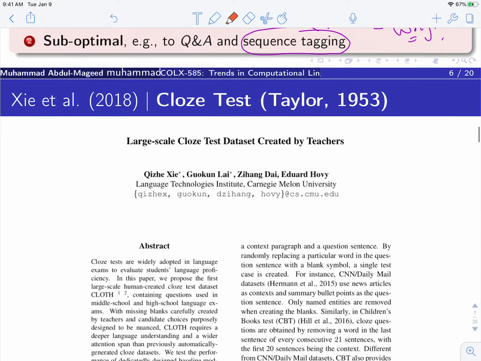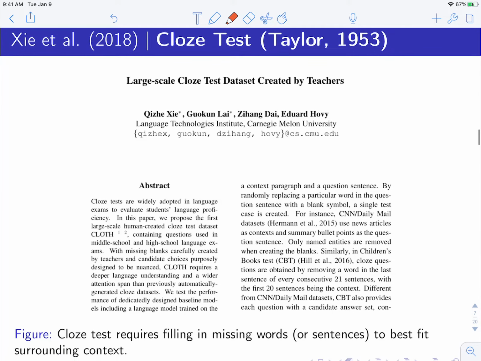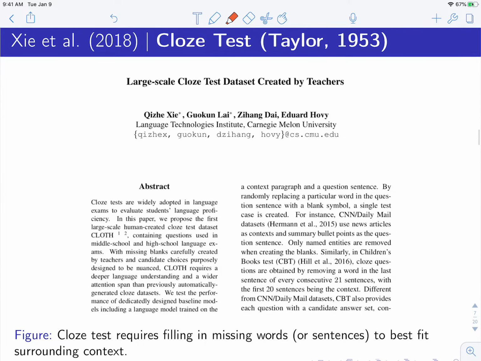Fine. One more thing that we just need to talk about, because it inspires some of the work in BERT, is the cloze task. This work comes from Taylor, but I'm just showing you a more recent paper that puts together a data set for the cloze task.